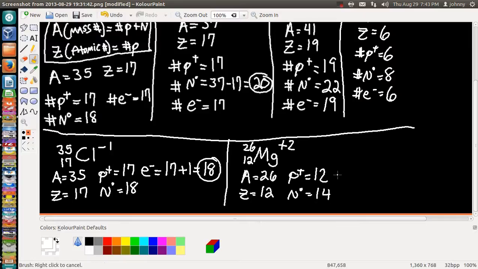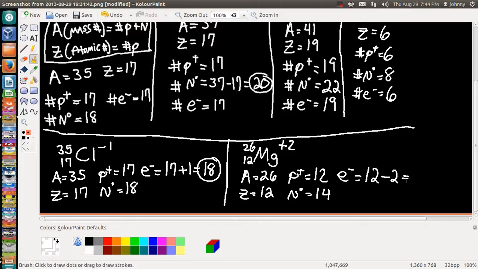Now comes time to get the electron count. The electron count is achieved by saying, well, if I did have a neutral element, it would have 12 electrons. But I've got a +2 charge. Remember, electrons are negative, so we had to lose 2 electrons. So we're going to put a -2 here.